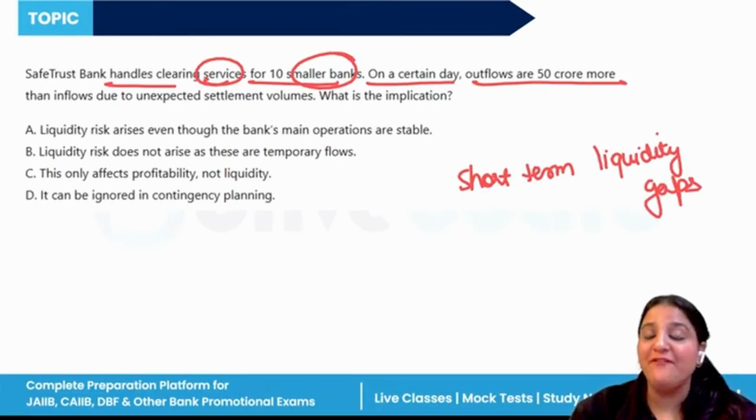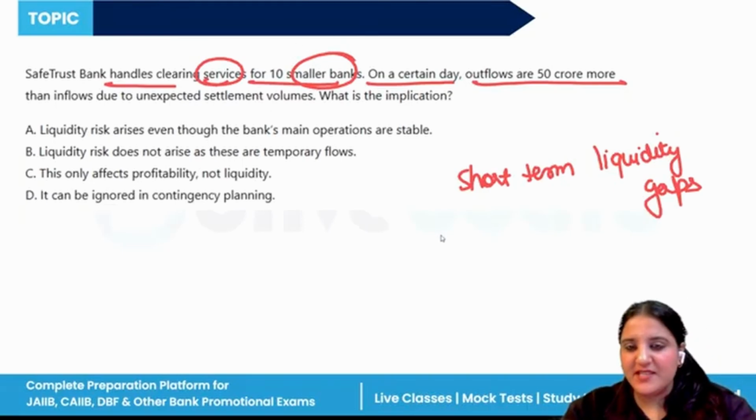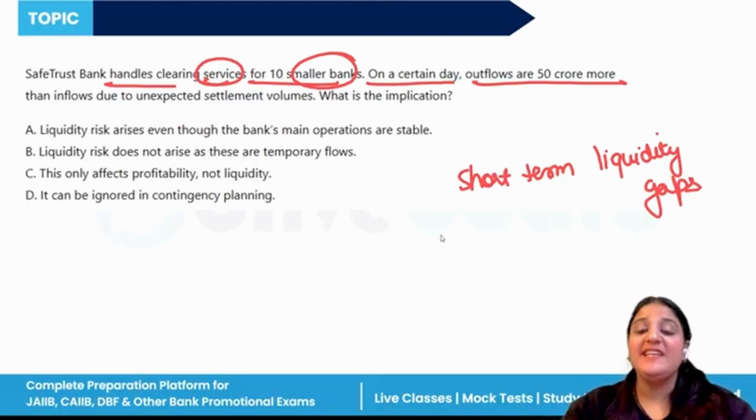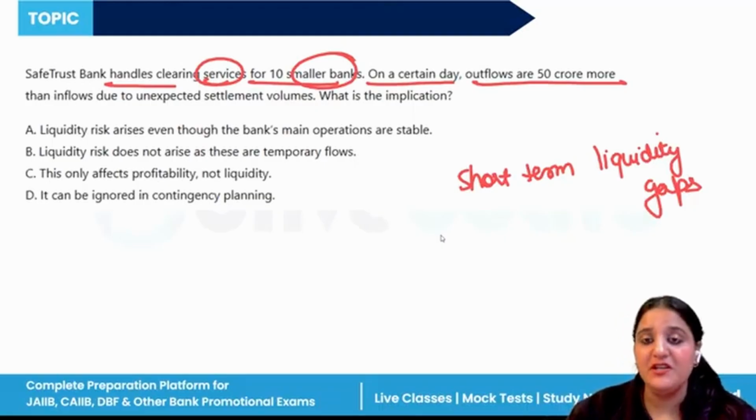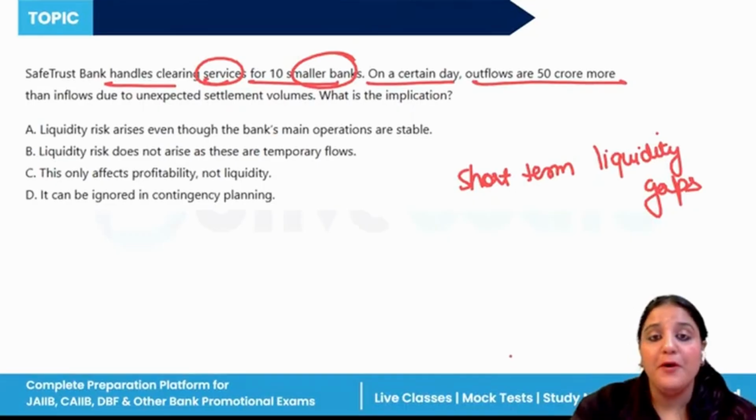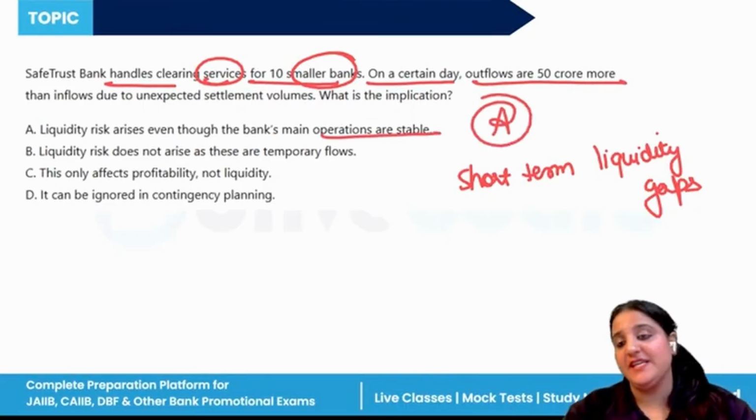Banks have to plan for excess liquidity to absorb such fluctuations. Ignoring these flows can lead to fund depletion during unexpected stress. So liquidity risk arises even though bank operations are stable. So option A is correct here.